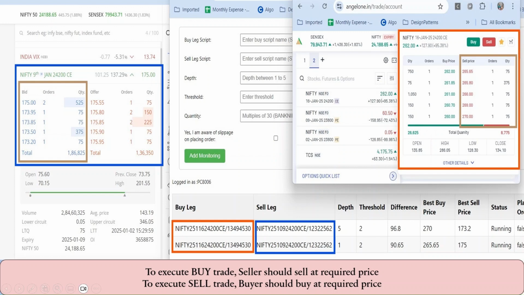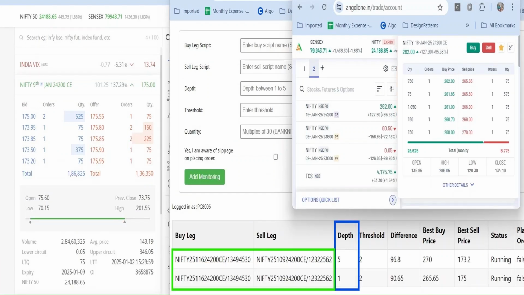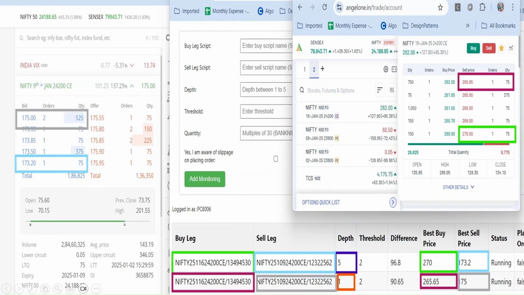You would have seen this depth in Zerodha as well as in Angel One. Let me explain more about depth 5 and depth 1. Take the buy leg represented in Angel One.